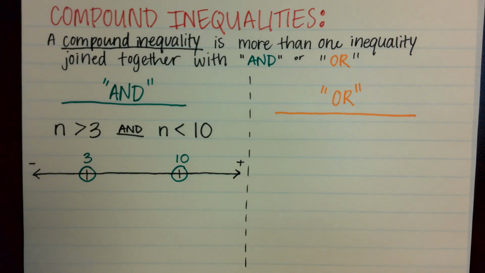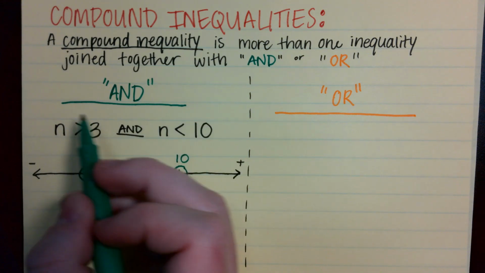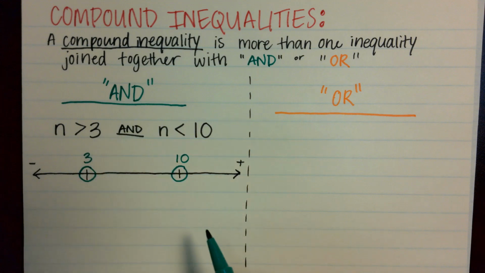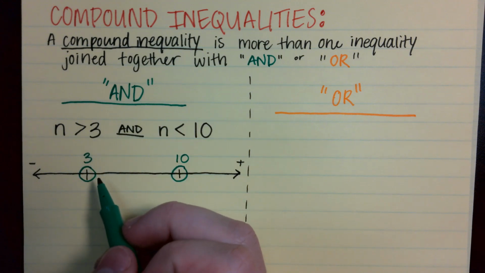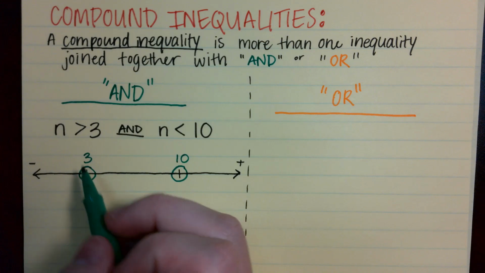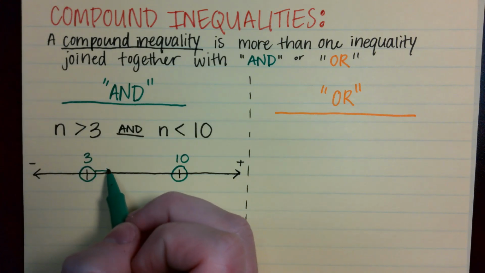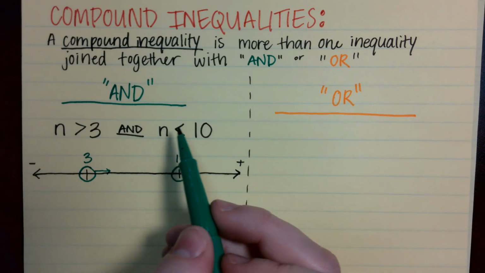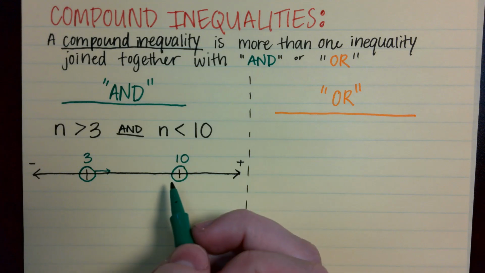Okay, all that's left to do is to figure out where to shade. So we want to look at our inequalities separately. I've got n is greater than 3. Which direction am I going to shade for the 3? Greater. Yes, so we're going to go to the right. So I'm just going to draw a little arrow. I know I'm going to go this way. And n is less than 10. So which direction for 10?